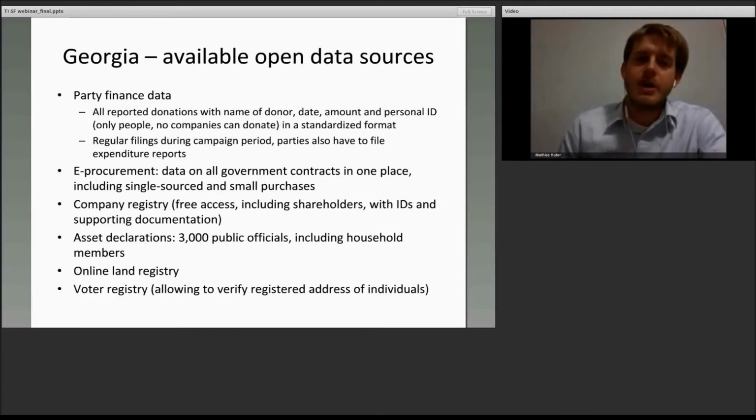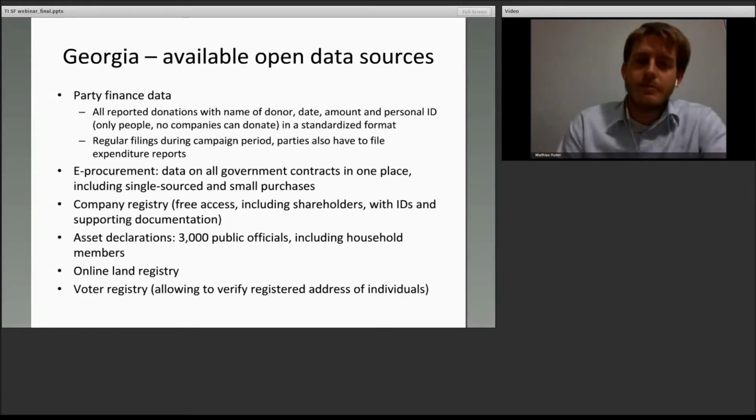We have fairly good party financing data now in a pretty good format. We have government contracting data. We have basically all government spending available online for all government entities across the country. We have a free company registry with free shareholder information so we can find out online who owns what company.